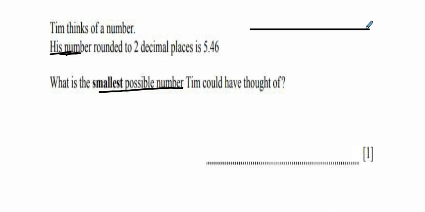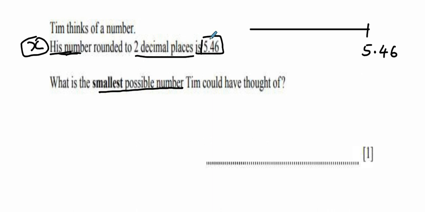Suppose this is 5.46. We are looking for the number that Tim is thinking of. His number which we don't know, call it x. When that number has been rounded to 2 decimal places, the answer is 5.46.